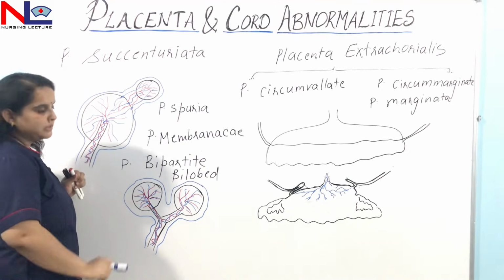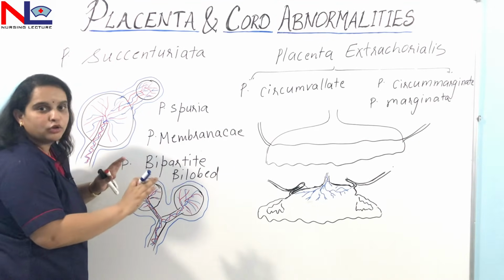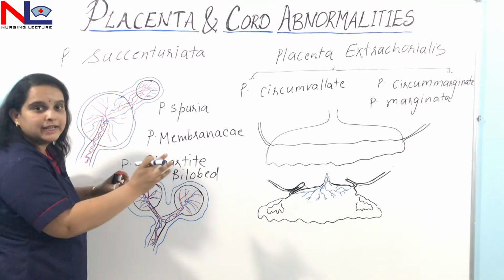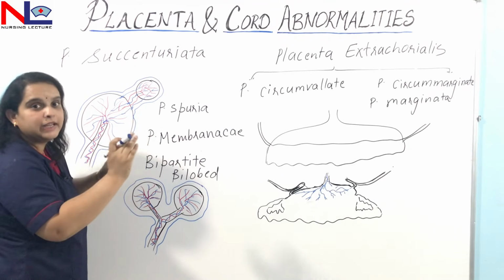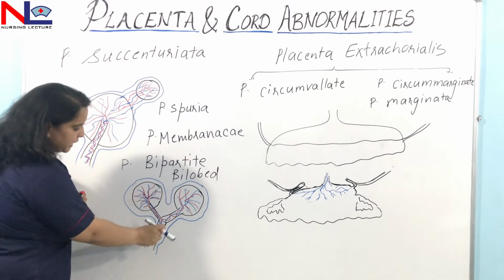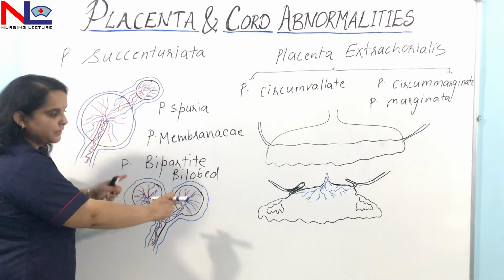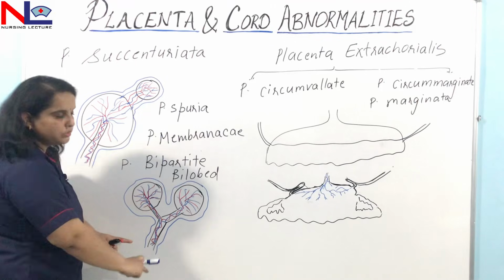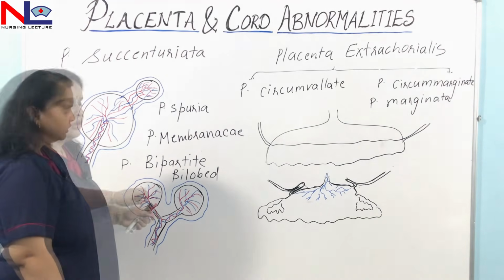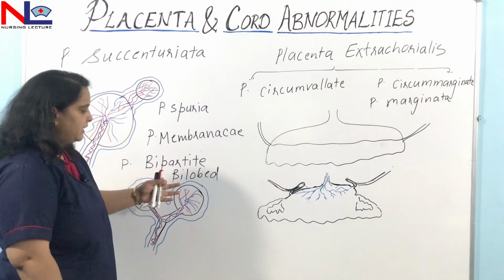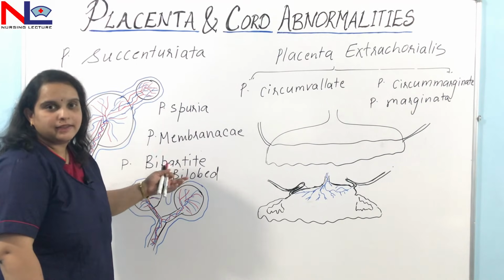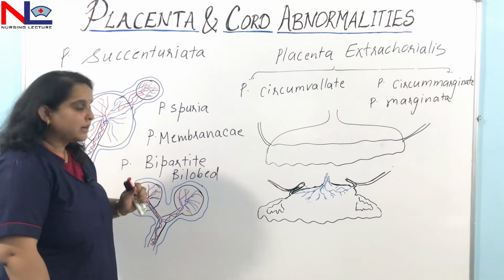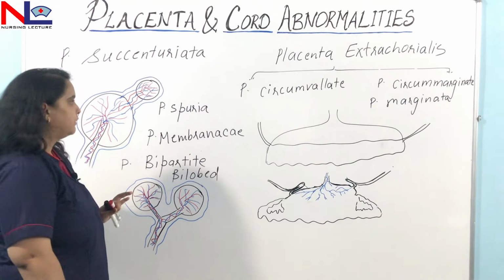But in bipartite or bilobed, the placenta divides itself into two lobes of equal size, the umbilical cord shares its vessels with both structures, and the membrane encloses the structure together. This variety is rare, and along with bipartite there are tripartite, trilobed or multilobed varieties, but these are all rare.